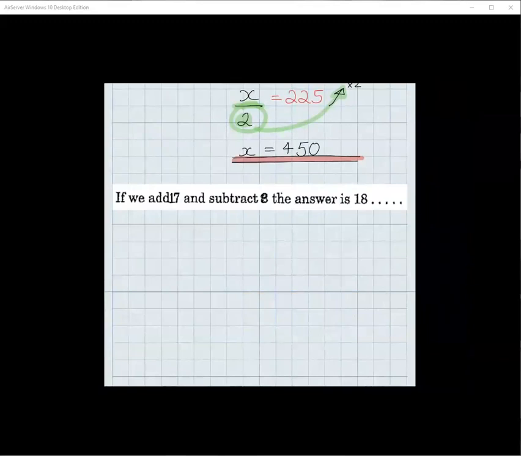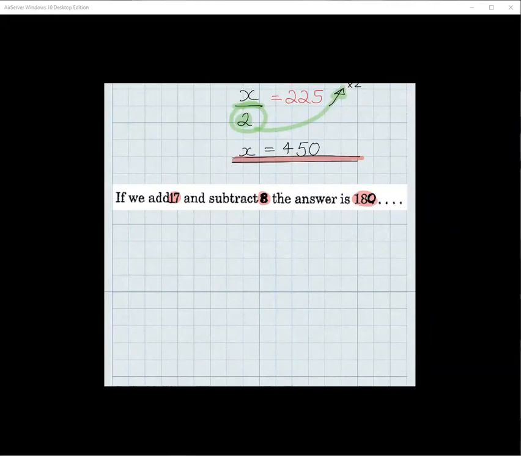Everybody copy down the modified question, please. Okay, so I've modified the question completely. I've put my own new values in there. Everybody copy that sentence out.